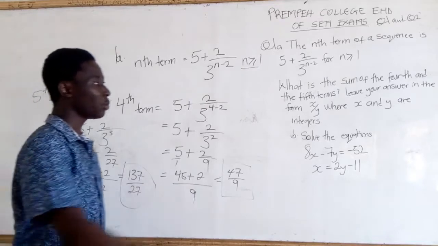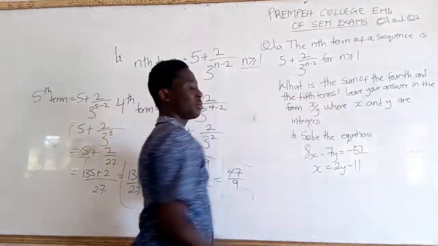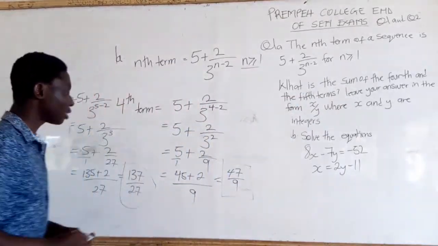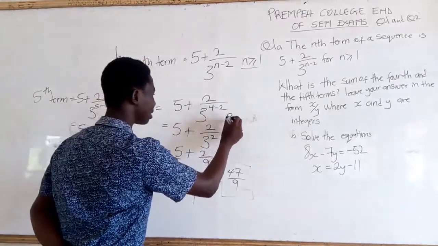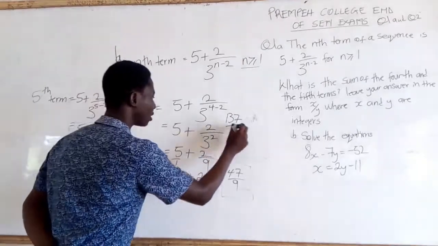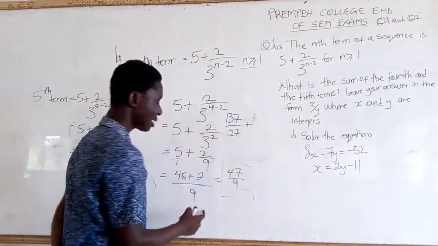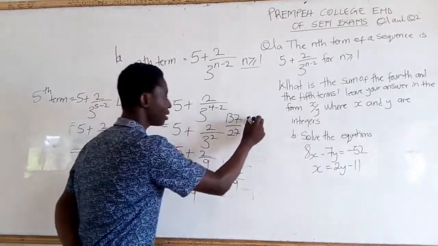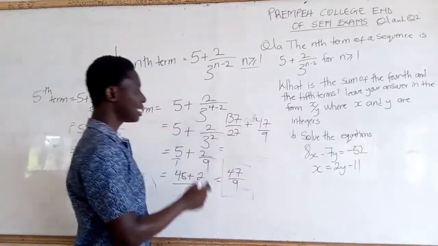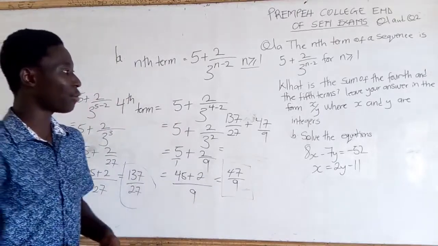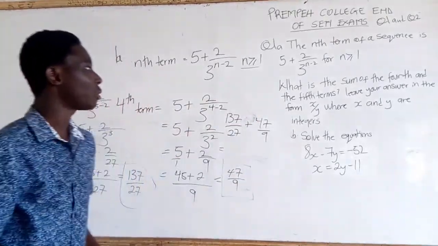And the question is saying we have to sum them, meaning we have to add them. So what we've gotten, we have 137 over 27 plus 47 over 9. That will be the answer for question number 1a.